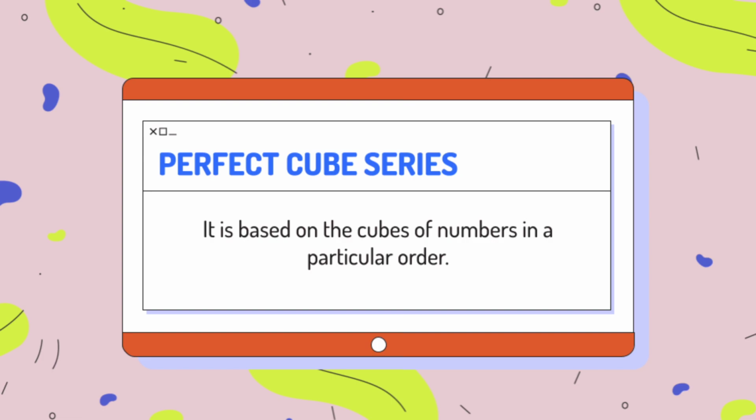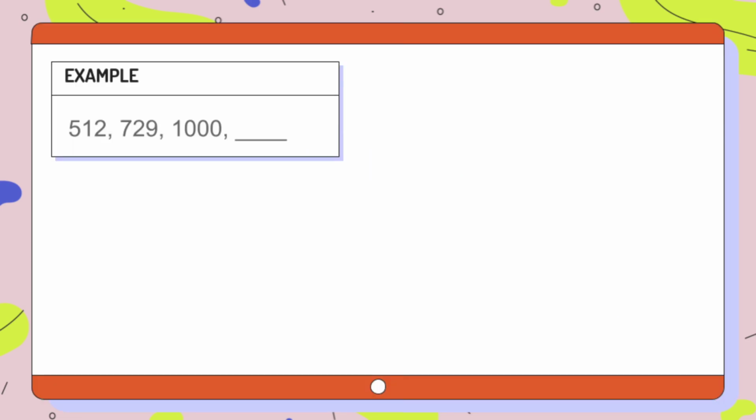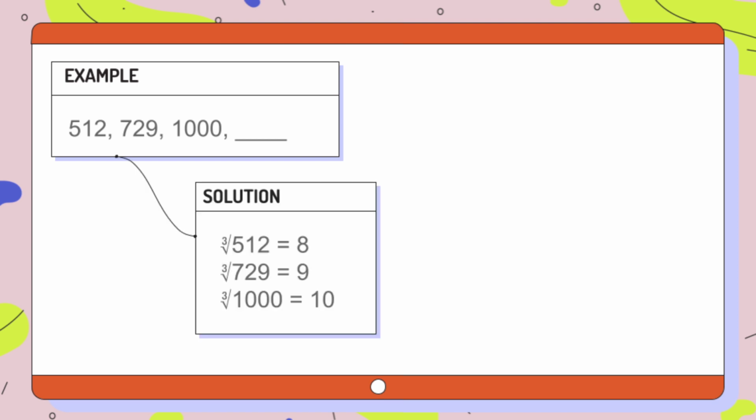Perfect cube series. It is based on the cubes of numbers in a particular order. Example, let's say we have 512, 729, and 1000. What's the next number of the sequence? To find the next number, you need to find the cube root of each number.